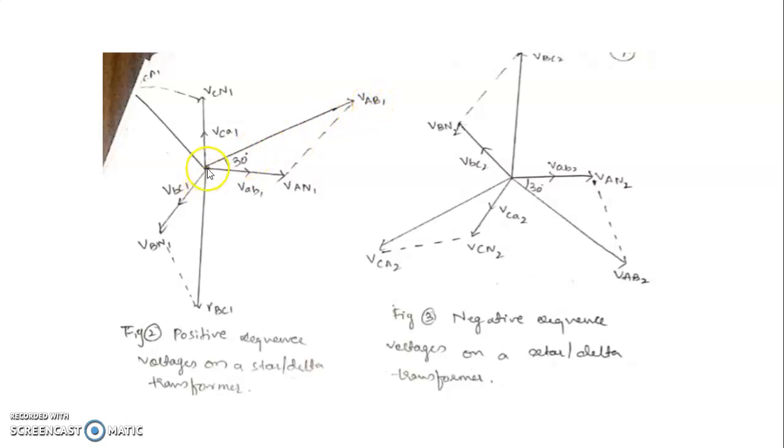So capital VAB1 is given as x times small vab1 with an angle 30 degree. Similarly, capital VBC1 is x times small vbc1 with an angle 30 degree, where x is due to the length of the vectors, and capital VCA1 is x times small vca1, small meaning delta side, with an angle 30 degree. This is for positive sequence voltages for a star-delta transformer.